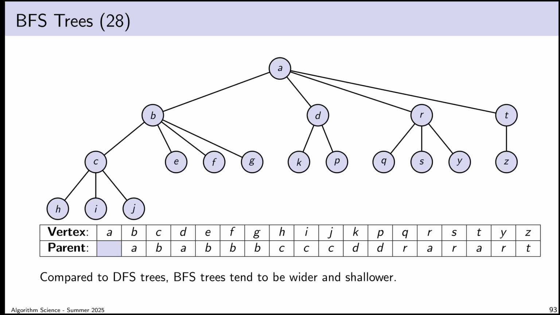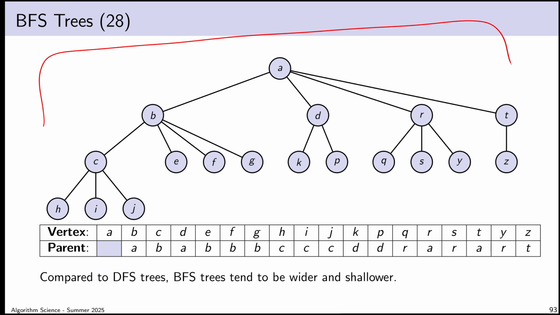There it is. Notice that this BFS tree isn't as long and stringy as the DFS one. It tends to be wider, it's much wider, and shallower. I think it was maybe this example in the last lecture, maybe another one, where I was trying to talk about how traversal trees are not necessarily binary trees. And I realized that the tree in front of me actually, by a weird coincidence, was a binary tree. Well, here is an example of how traversal trees are not binary trees.